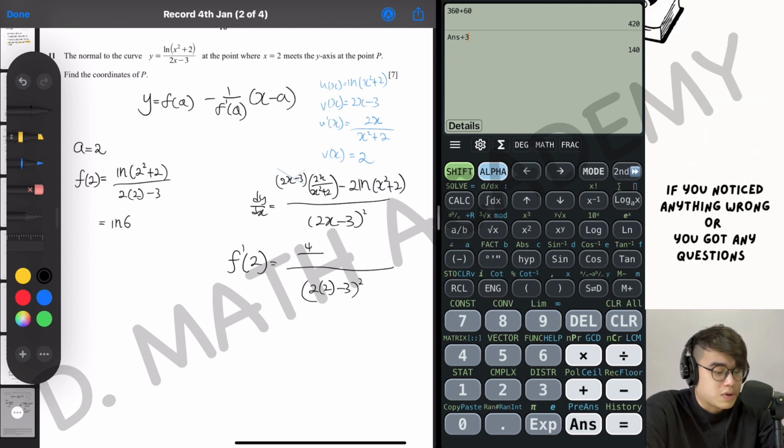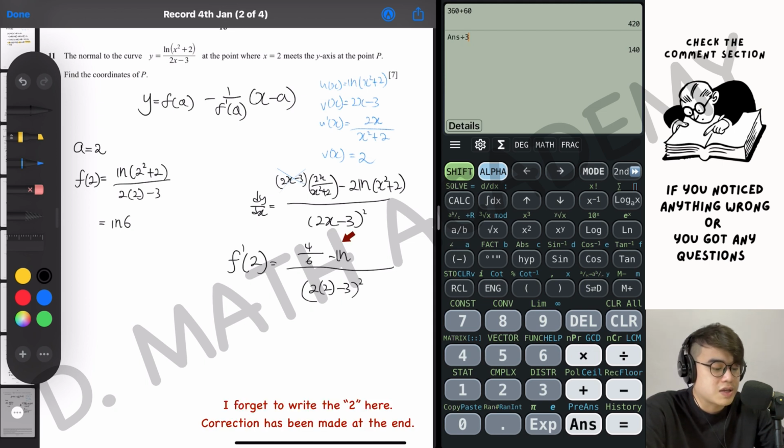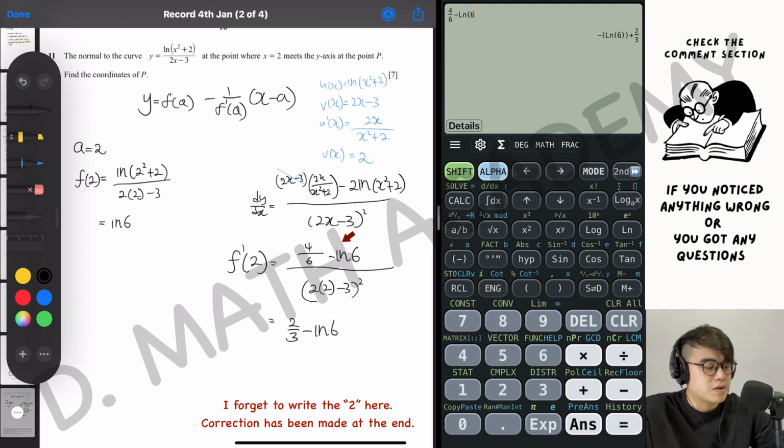And then you will get 6 at the bottom, and then you have ln 6 again. So let's finish it up. 4 over 6 minus ln 6. I don't think there's anything for me to calculate except for writing it in a different format. The denominator here is also cancelled because it becomes 1.